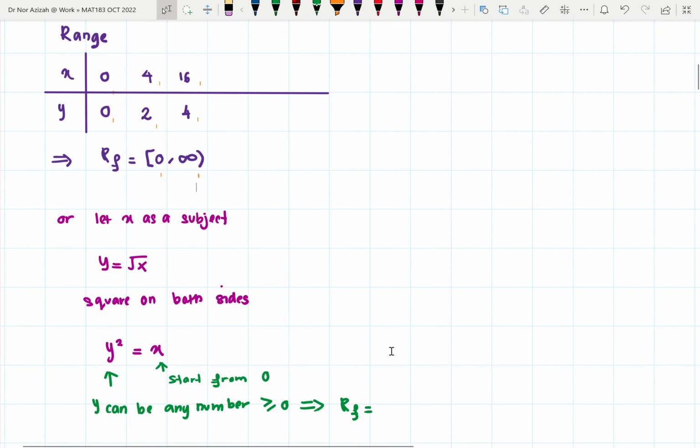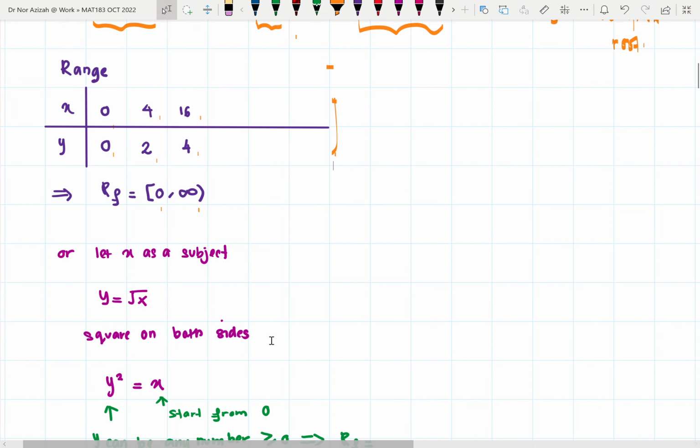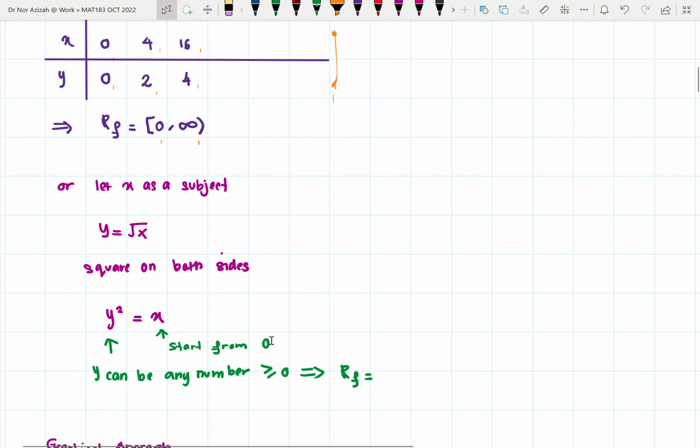Here we can use a table to determine the range, or you also can use algebraic operation by letting x be the subject. So we have y equals square root of x. In order to get x as the subject, you need to square both sides, right? So you will get y squared equals x, so x equals y squared.